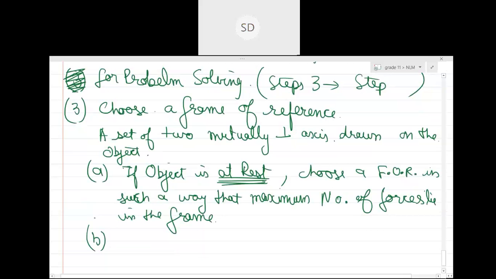Don't worry. I'll give you a step by step example as well, so that you know when to apply which step.